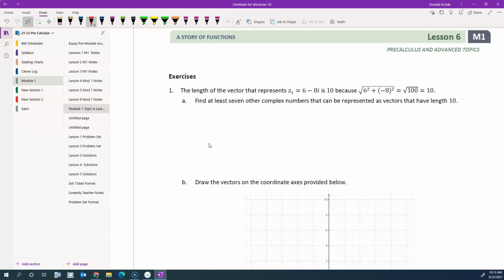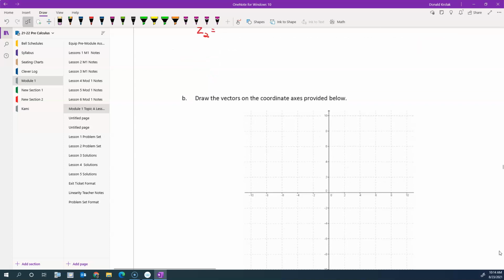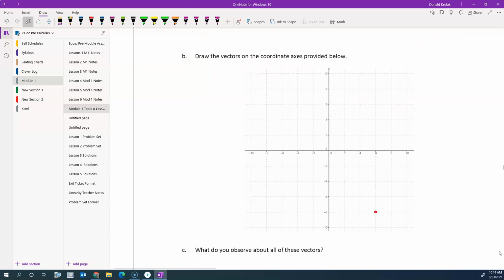All right, so this particular vector has got a length of 10. So we got 6 squared plus negative 8 squared. That's 100, so this thing has a length of 10. What would other vectors be that have the exact same length? So this vector right here was 6, negative 8. So let's draw it right here.